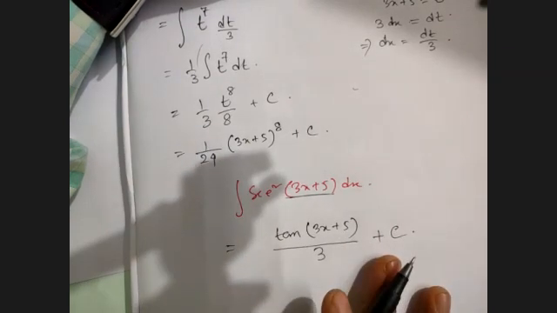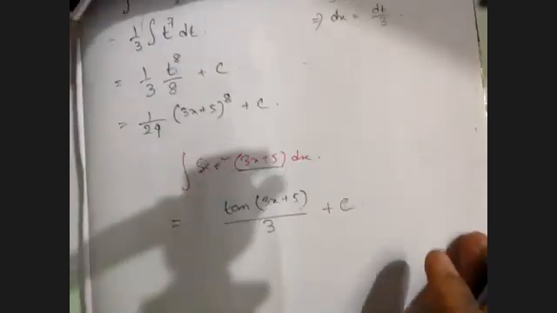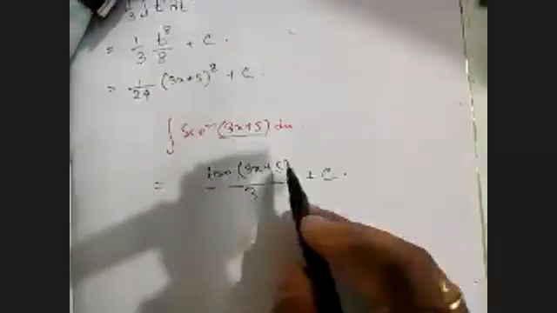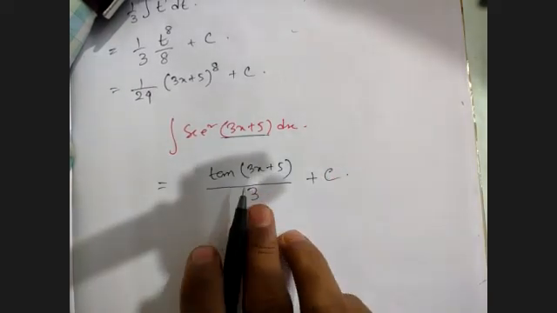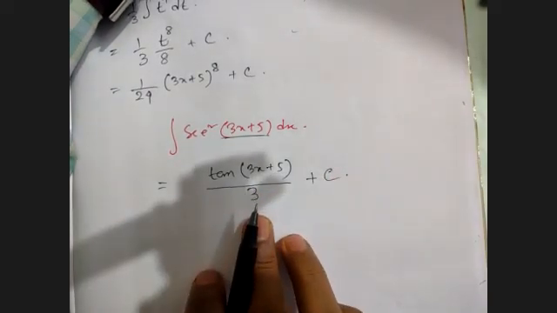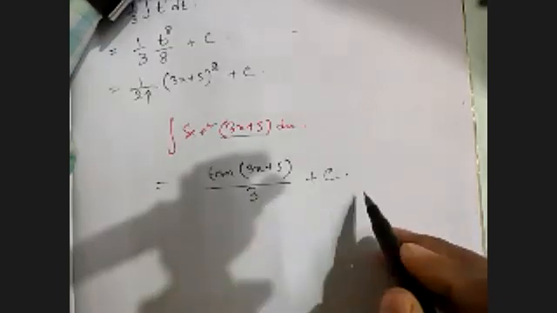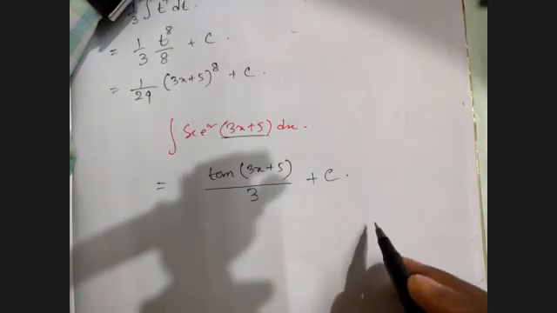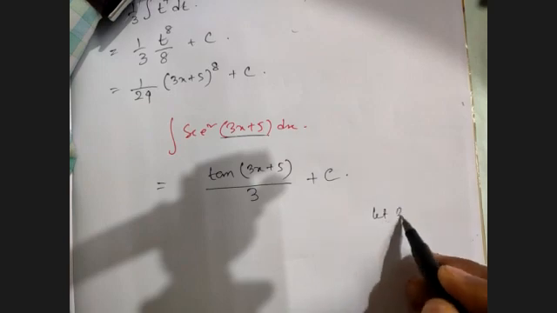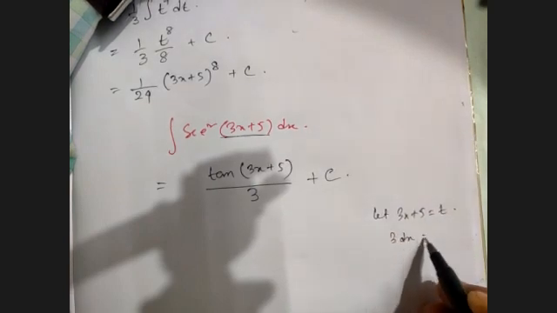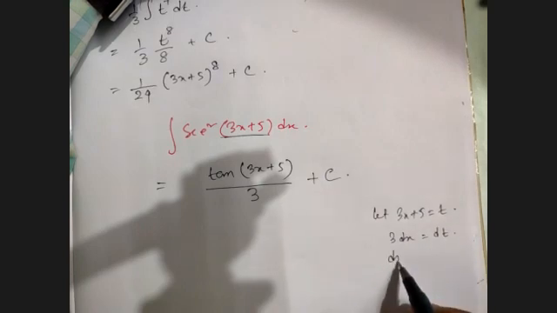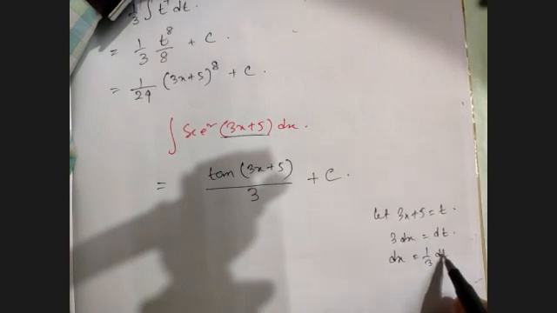This is the direct method, but you can also do it similarly to the chain rule we have done, but here the differentiated value will be in the denominator. You have to divide it. So if we follow the chain rule, letting 3x plus 5 equal to t, so 3 dx equals dt, that is dx equals 1 by 3 dt.